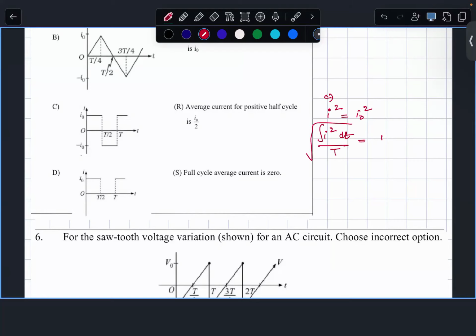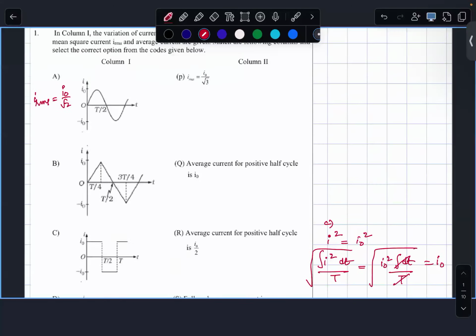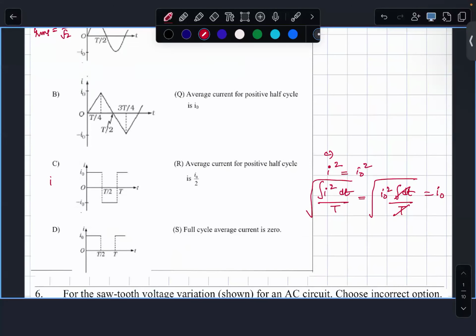It is simply I naught square dt by T under root. You cancel these two, and finally you will get I naught. So for an arrangement like this, RMS is I naught, and even average is also I naught for this.